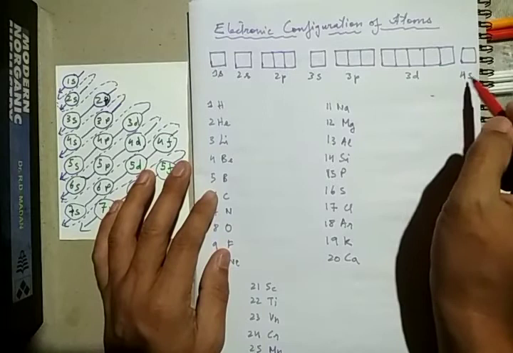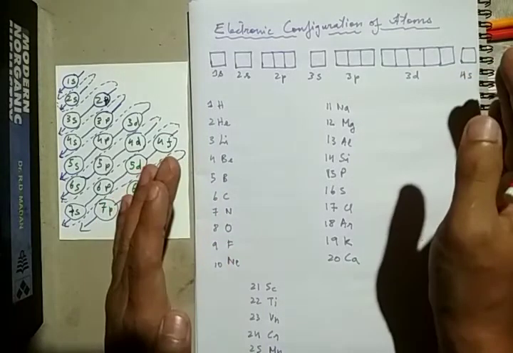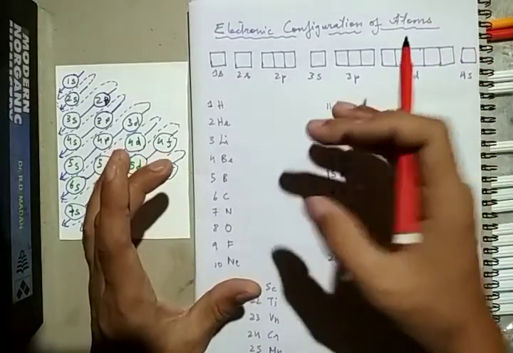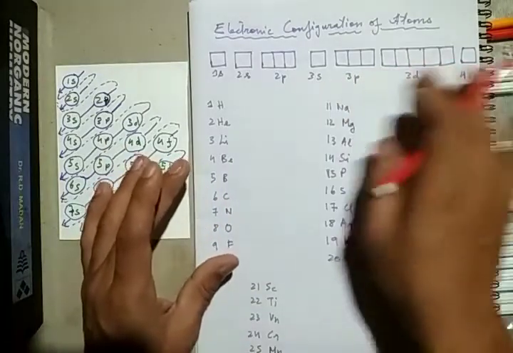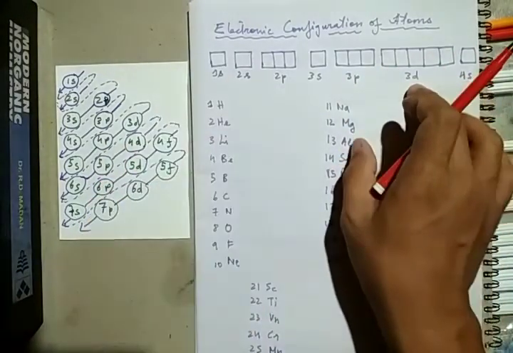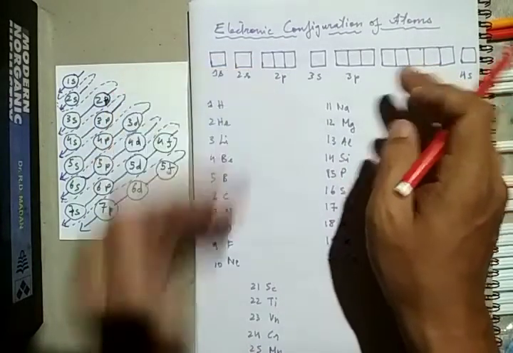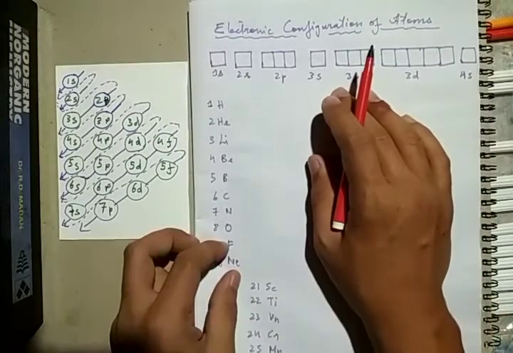For f, it has 7 orbitals, so altogether 14 electrons will be there. I've not written f here, but if you understand this, you will be able to solve even for f orbitals.